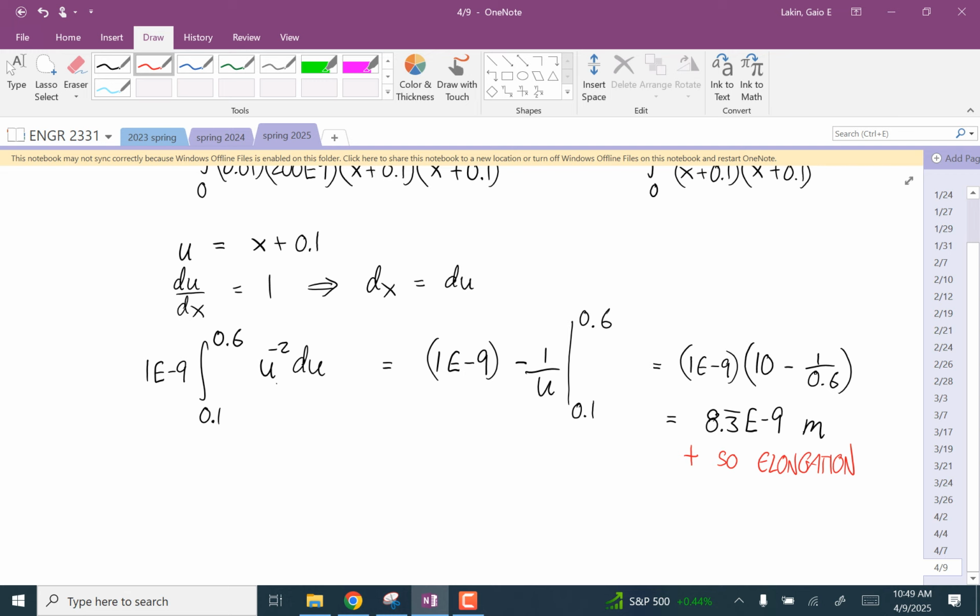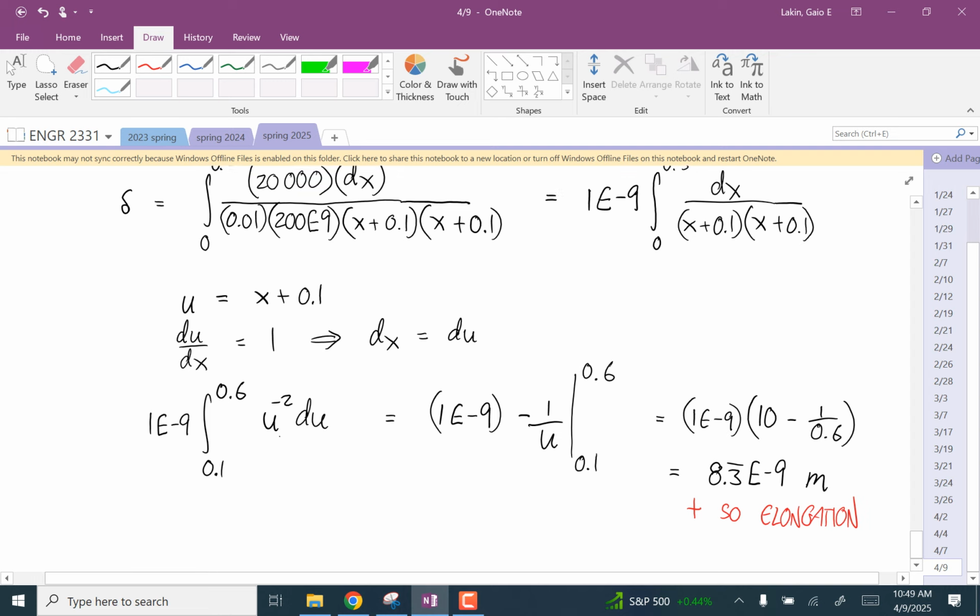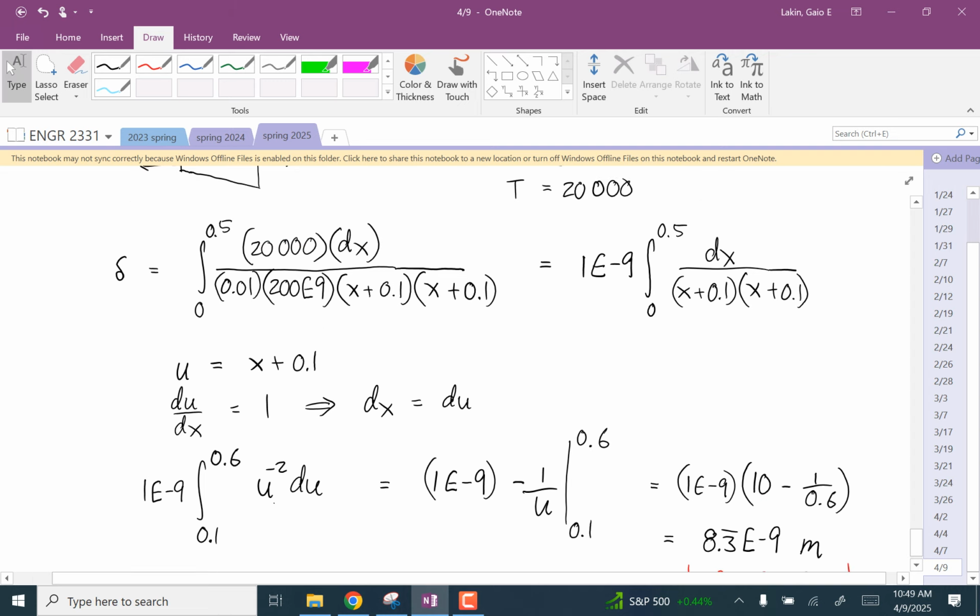All right, that's it for today. Oh, wait. This will be quick to fix, but I multiplied all this by the 0.01 instead of dividing by the 0.01.